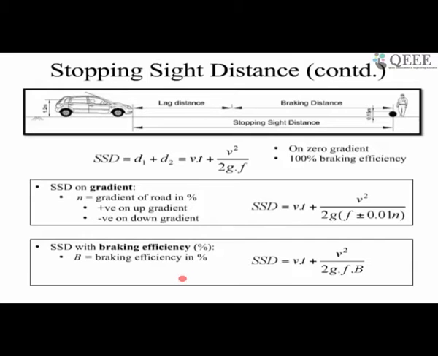Now, the other part we discussed was the braking efficiency. In case you have a braking efficiency which is not 100%, you need to accommodate that. So here is the factor which will take care of the friction along with the friction factor. Braking efficiency comes directly from this friction factor.